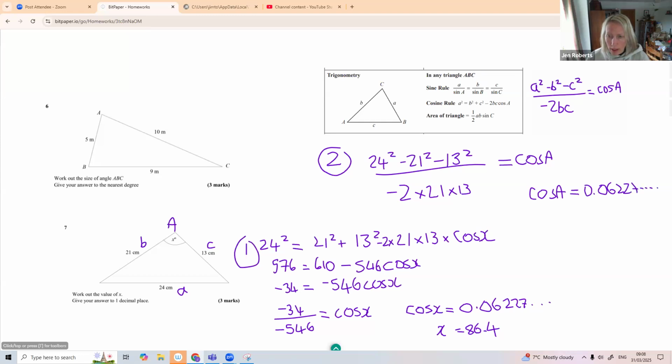Cos to the minus 1 both sides gives you A is 86.4.